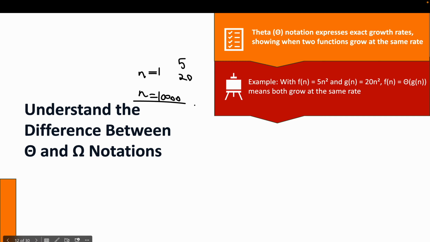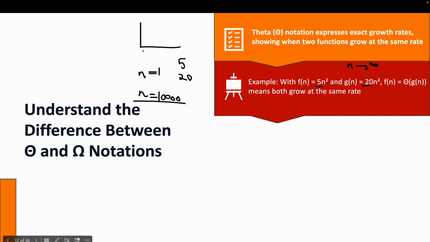Their growth rates are very much the same. Why did it happen? Both of them are n squared, and their difference is just this coefficient. And when n goes to infinity, this tiny coefficient will not change their behavior much.